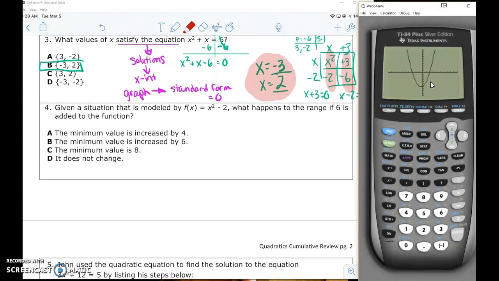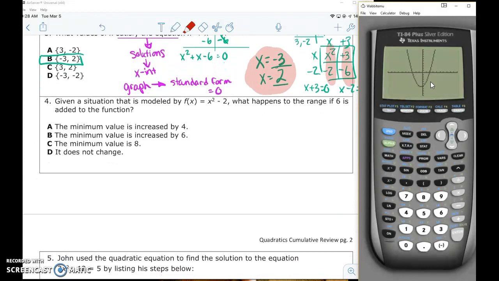Number 4. Given a situation that is modeled by f of x equals x squared minus 2, what happens to the range if 6 is added to the function? Okay, we have a parabola, and it says we add 6 to the function. So my new function, I'm going to call it g of x.